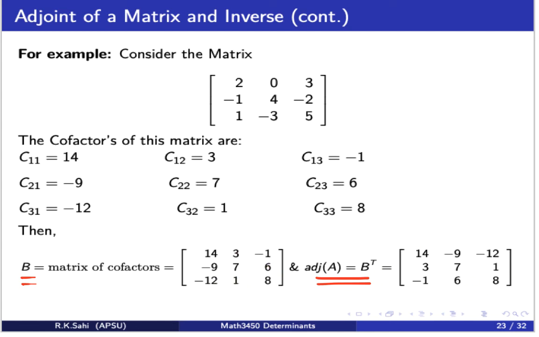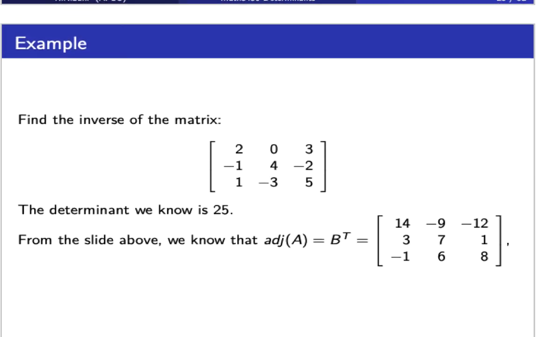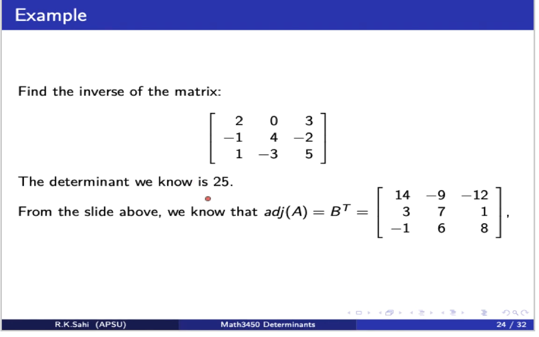So if the question is find the inverse of this matrix, what is it? You find the determinant, which we have already done previously, and multiply it to B transpose. So the determinant, as I said, we know is 25 from our previous slides, and the adjoint of A is B transpose, basically which we got from the previous slide, 14, -9, -12, and all these numbers.